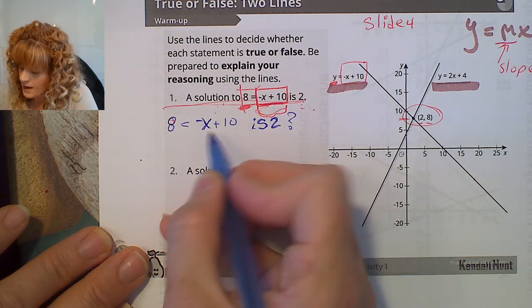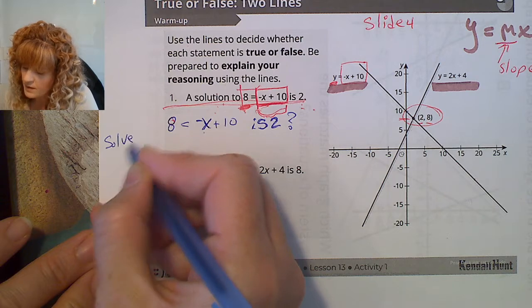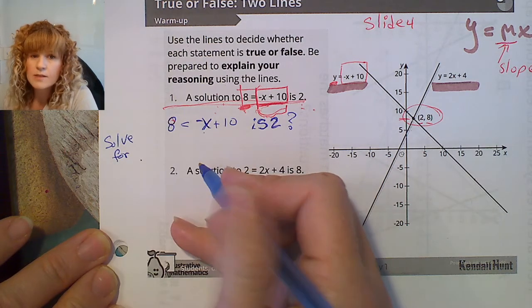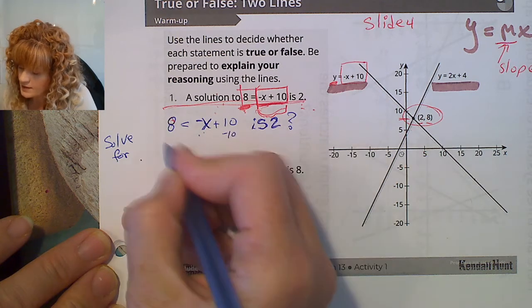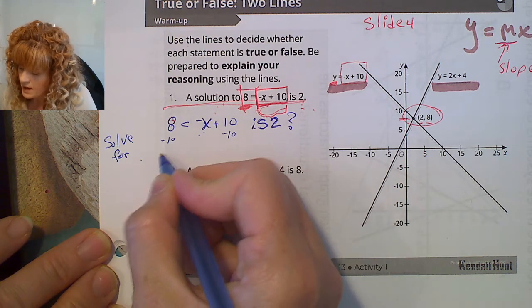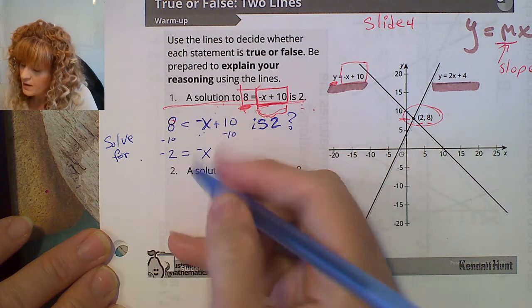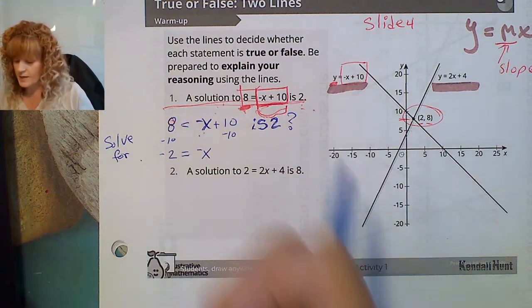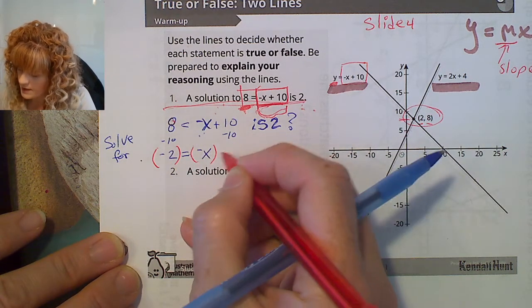And now let's do the math. We have to solve for x. Then we can find what x is when y equals 8. Okay, solve for x. I'm going to subtract 10 from both sides. And I get negative 2 equals negative x. And I'll multiply both sides by negative 1 so that I can get rid of that negative sign.